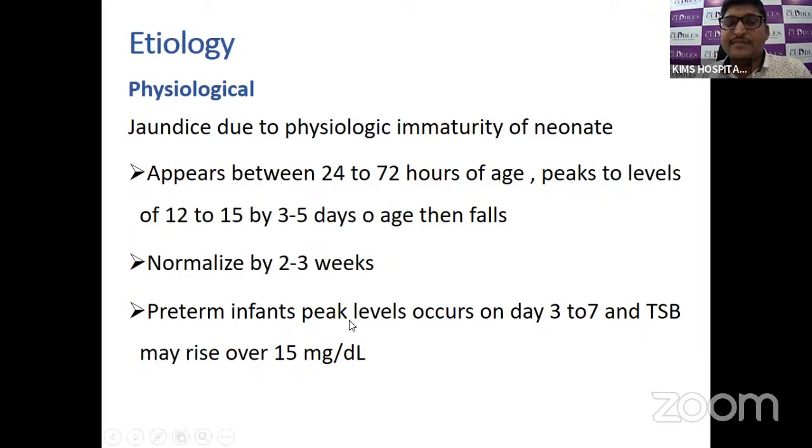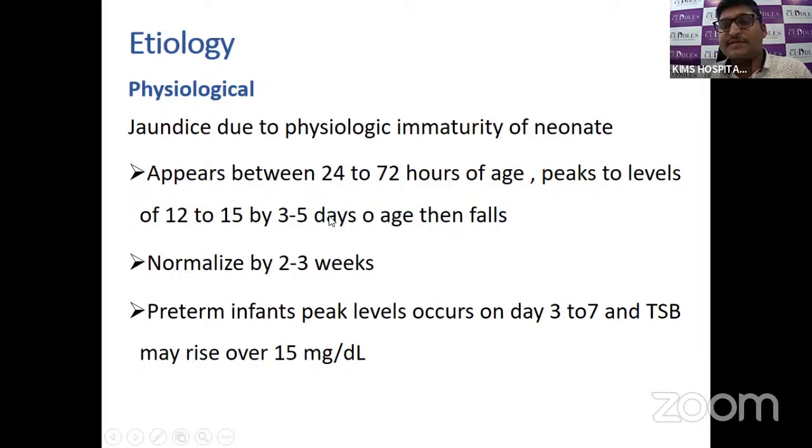In preterm infants, peak levels can occur on day 3 to 7 and may rise over 15 milligram per deciliter. In physiological jaundice, the peak levels are generally 12 to 15 milligram per deciliter by 3 to 5 days, then it falls. So this is the physiological jaundice level.